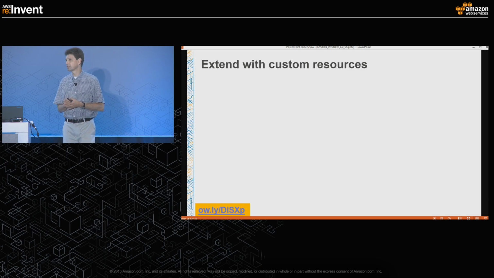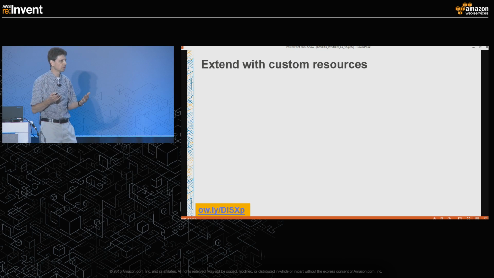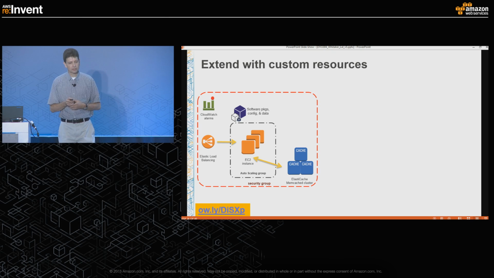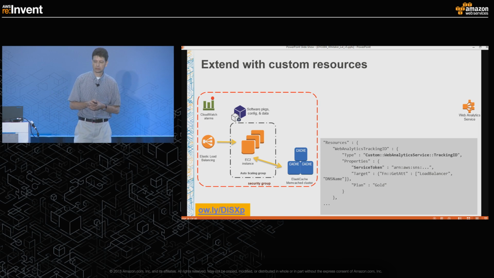CloudFormation has a notion of custom resources. Custom resources is our extensibility point for resources in CloudFormation. Let's take the same example. I have the same website again. I have the same web analytics. Now I want to be able to describe in my template that I actually want to register with the web analytics service. So I can create a resource.